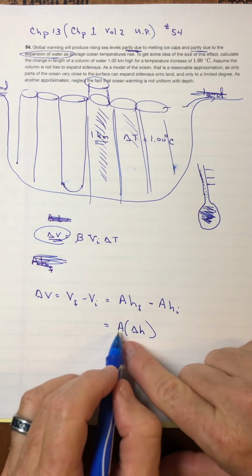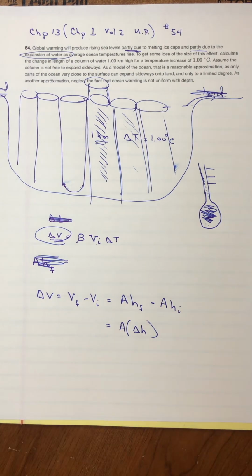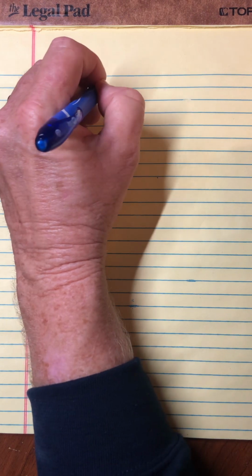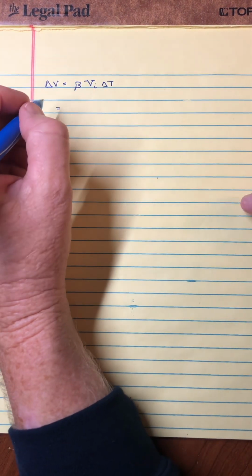And so this is my delta H. I'll factor out the cross-sectional area and have a delta H. So this equation, delta V equals beta V initial delta T, would look like this.